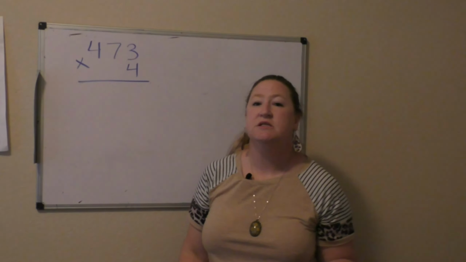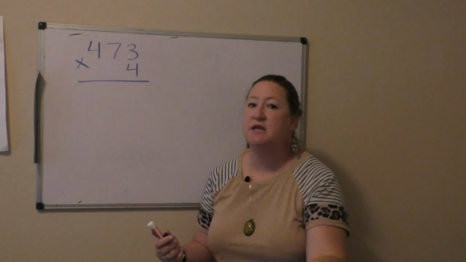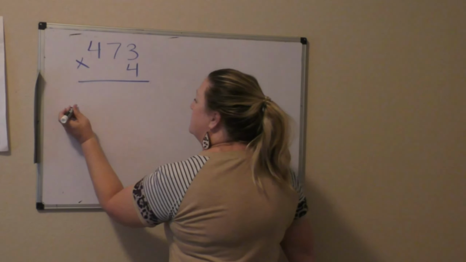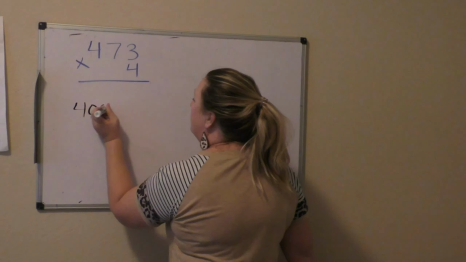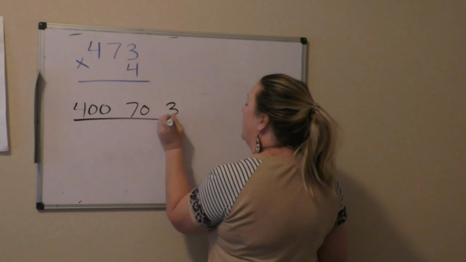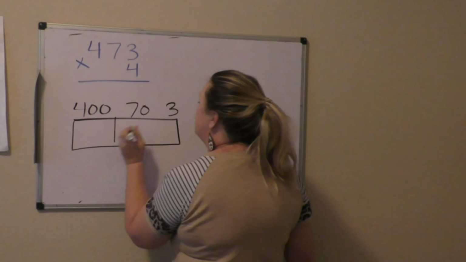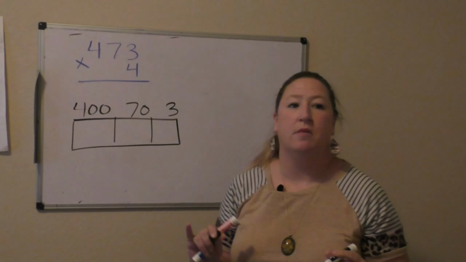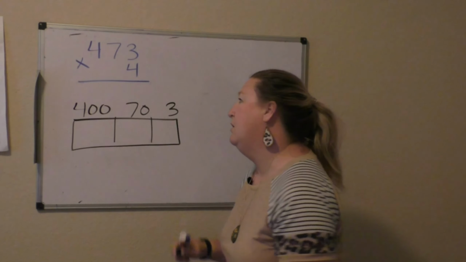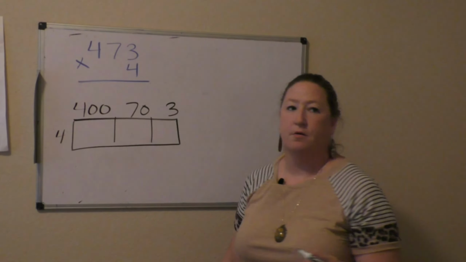I take 473, I throw it down, and I break it up into the hundreds, the tens, and the ones. So I have a 400, a 70, and a 3. The only difference between this area model and the other one is I only have one row, 4.